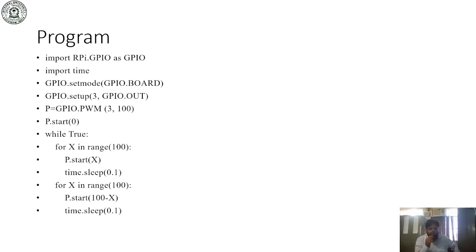We have imported one library into our program, because we are using the GPIO pins for giving input and output. We have also imported a time library, and I will explain why I have included this time library.